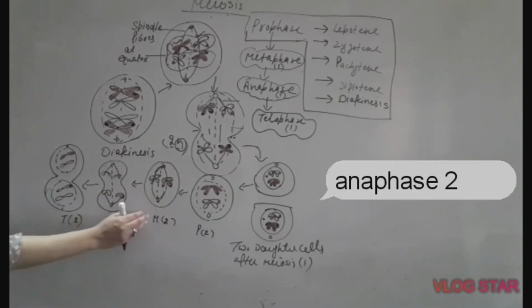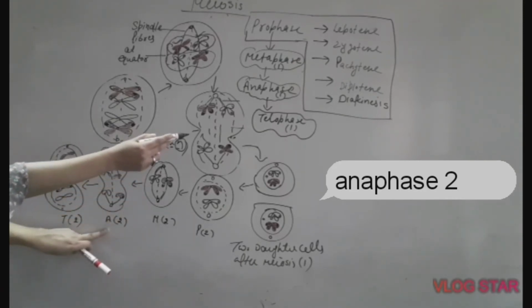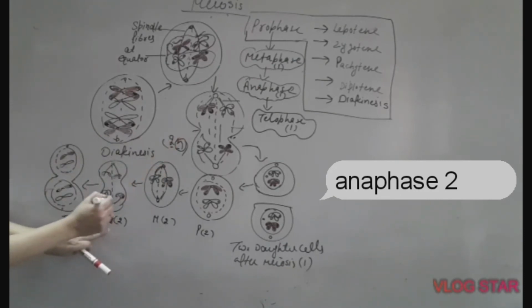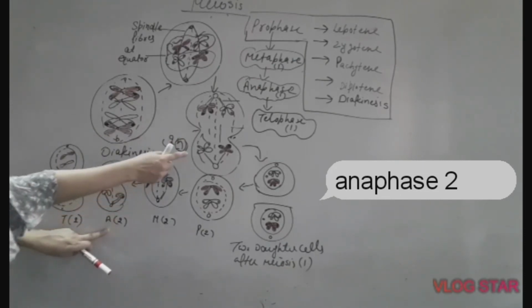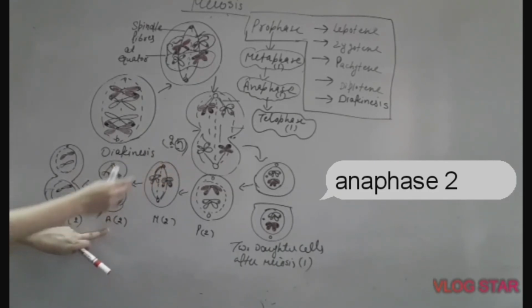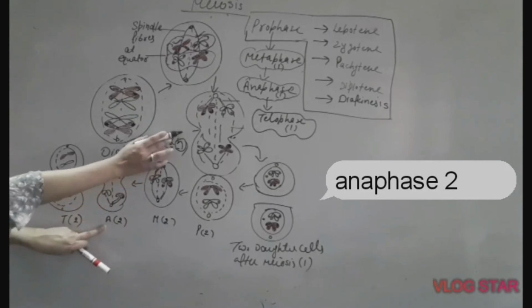Now from metaphase the cell finally enters anaphase. In anaphase, as in anaphase 1, cytokinesis also begins, and the cytoplasm shows invagination. In anaphase 2 the spindle fibers contract and pull the chromatids of each chromosome apart. You can compare the change between anaphase 2 and anaphase 1.